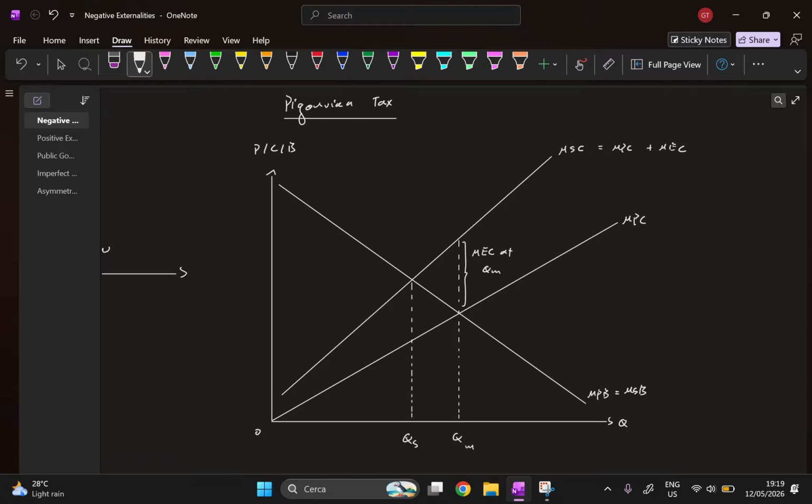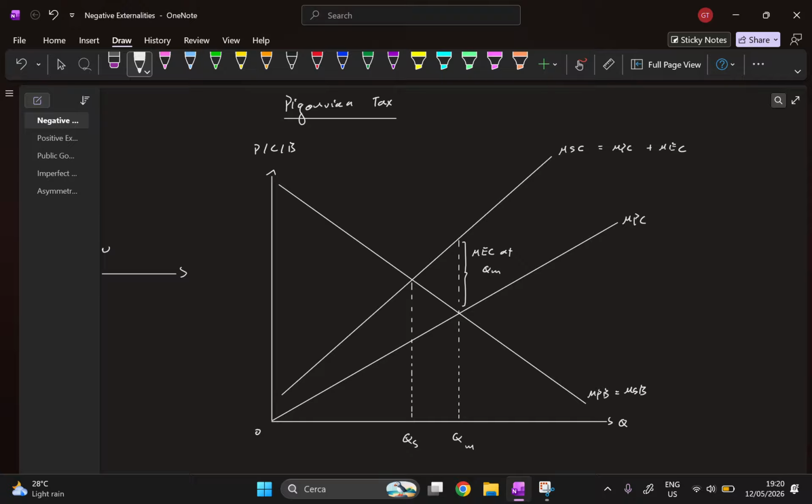You remember I said earlier that negative externalities can include negative externalities of production as well as negative externalities of consumption. So depending on whether this difference here between QS and QM refers to an overproduction or overconsumption, then naturally in order to correct this, we are going to need to levy the tax on either the producer or the consumer respectively. So it depends on what is the root problem that you're trying to solve.